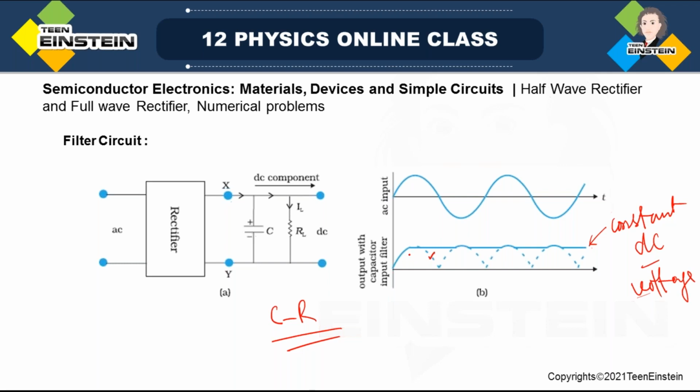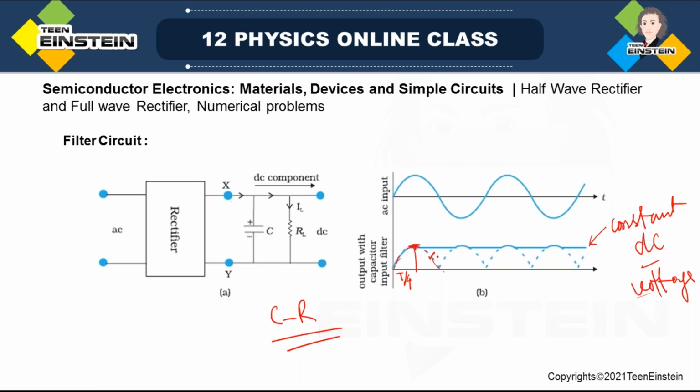This capacitor will charge and discharge. If this is the pulsating voltage, when the voltage is increasing and reaching up to the maximum, during that quarter of the pulsating voltage the capacitor will be charged.